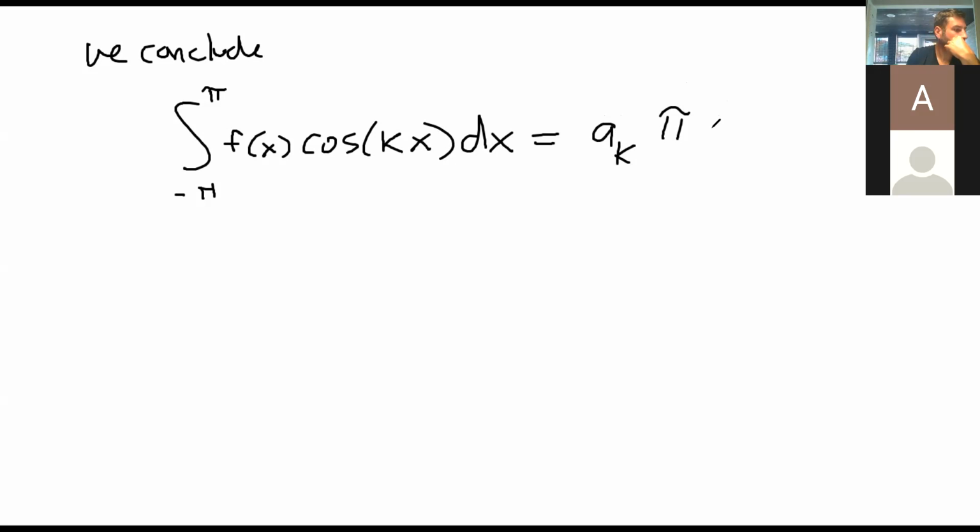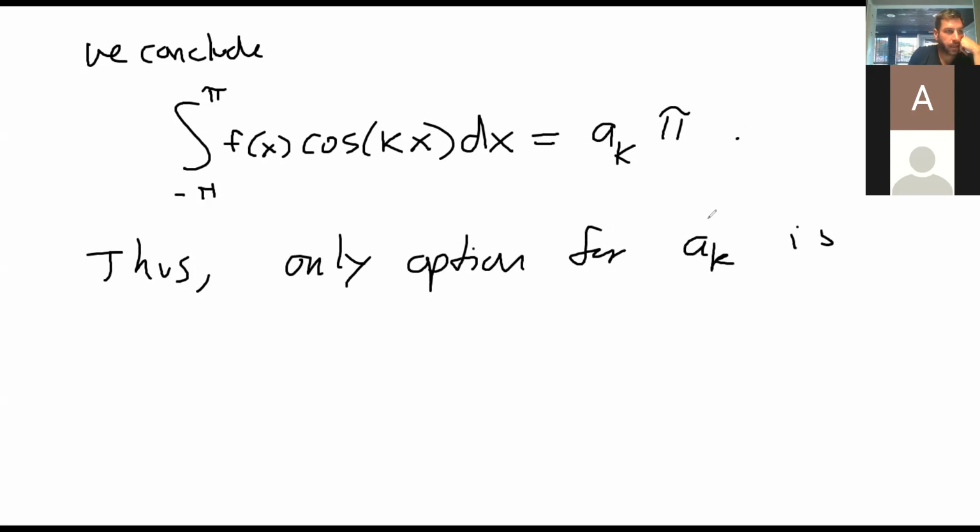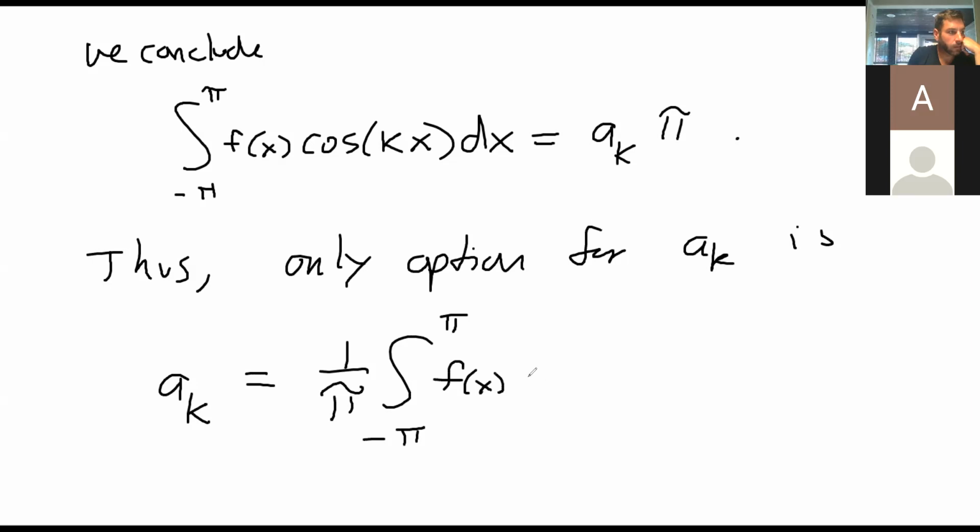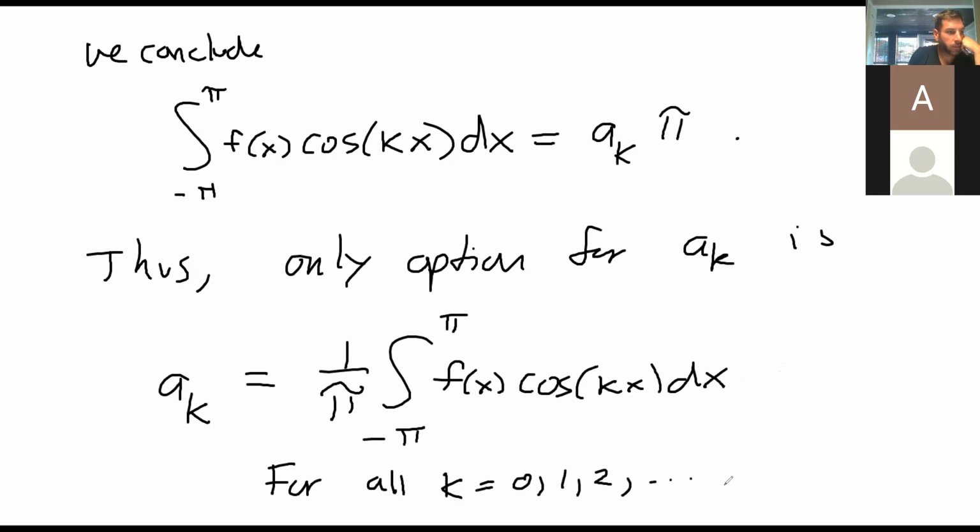So you solve for a sub k, thus the only option for a sub k is that this coefficient must be defined as 1 over pi times the integral from negative pi to pi of f of x cosine kx dx. And this is for all k equals 0, 1, 2, etc.